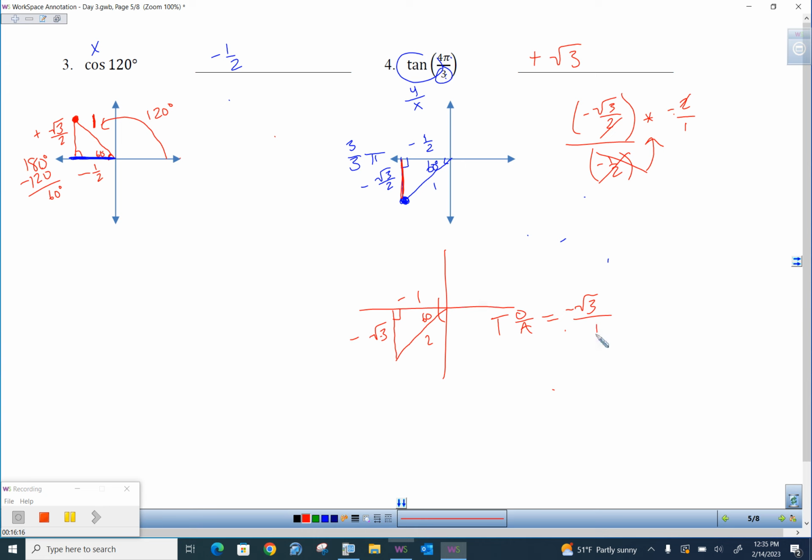Adjacent side is our 1, and then with signs, those cancel, and we still get the square root of 3. Okay. Again, the benefit of doing it with the 1 is because we see the x and y for our answer. We don't have to think about what fraction applies. Okay, but that is an option for you.